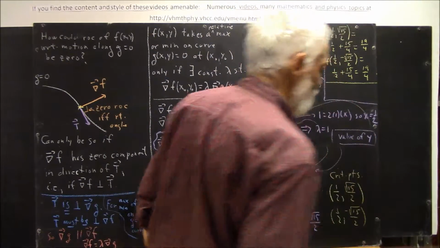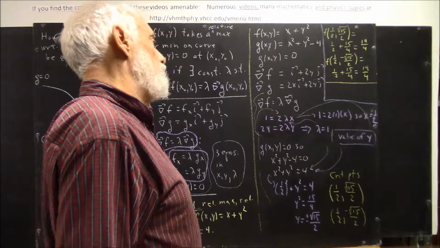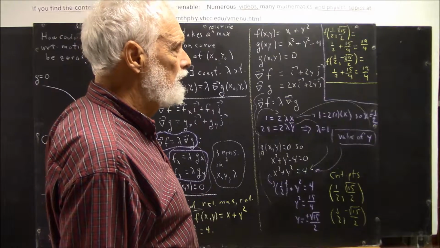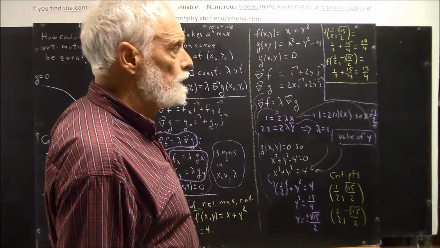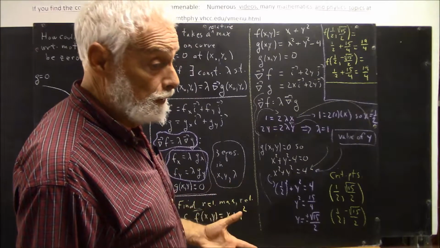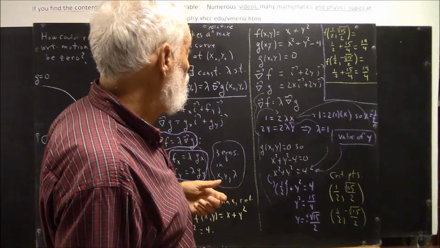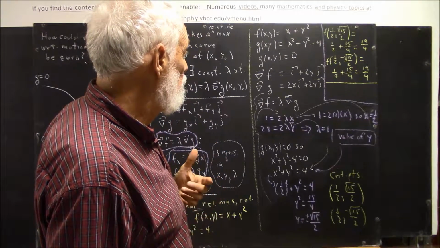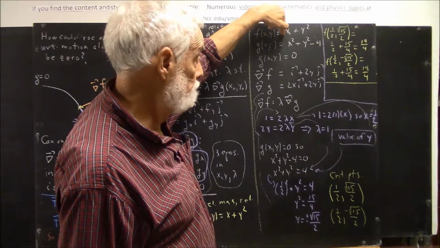To determine whether this is a maximum or a minimum, there are more sophisticated methods, but let's just think 1/2, square root of 15 halves. The square root of 15 halves is pretty close to the square root of 16 halves, which would be 2. If y is 2, then x is 0.